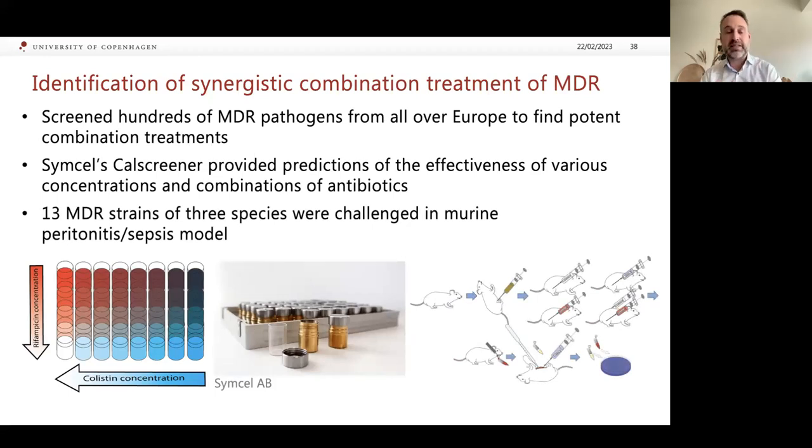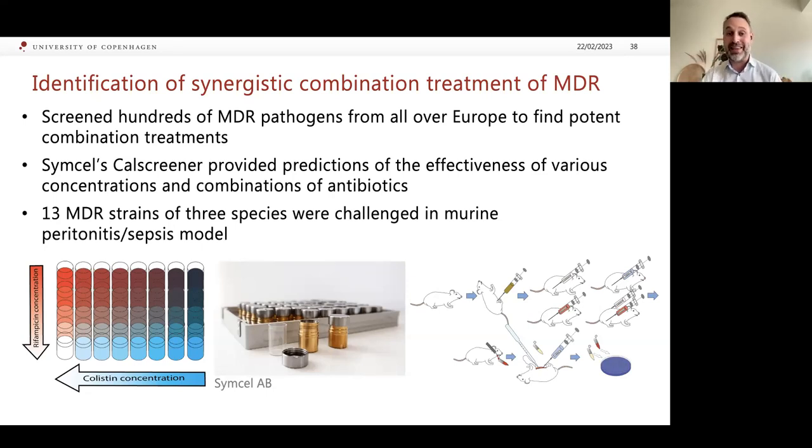We found a lot of these, and then for around 13 of these strains, we took these combinations and challenged them in a mouse model, where a lot of mice were killed. It was horrible, but we got some fantastic results.